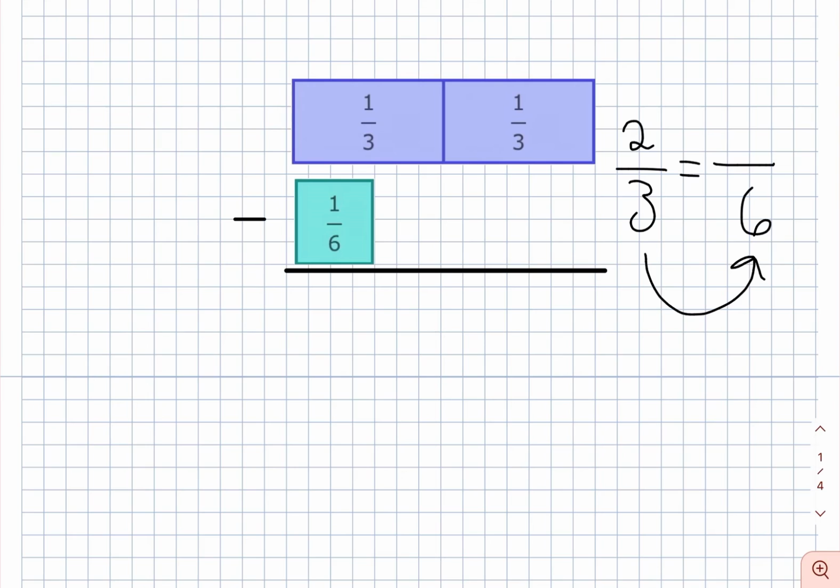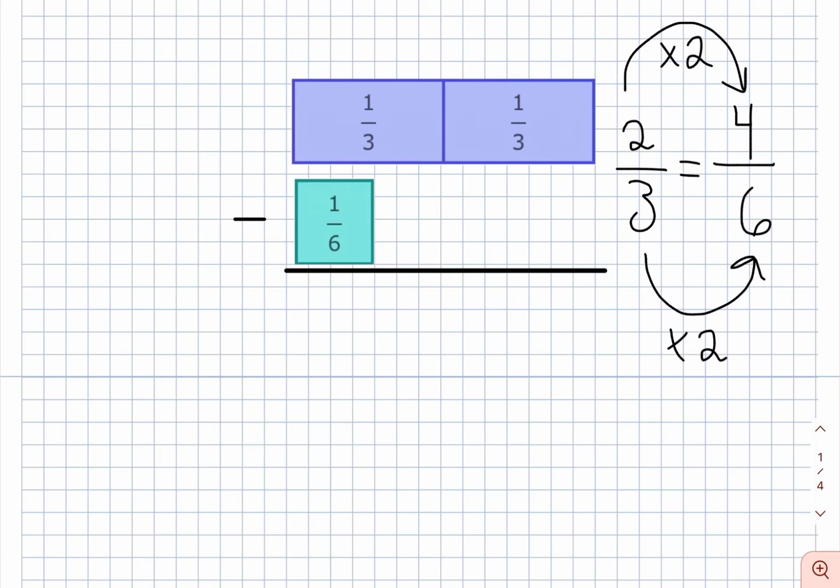How do we transform 3 into 6 using multiplication? Well, 3 times 2 equals 6. Whatever I do on the bottom, I have to do on the top. 3 times 2 is 6. 2 times 2 is what? That's 4/6.